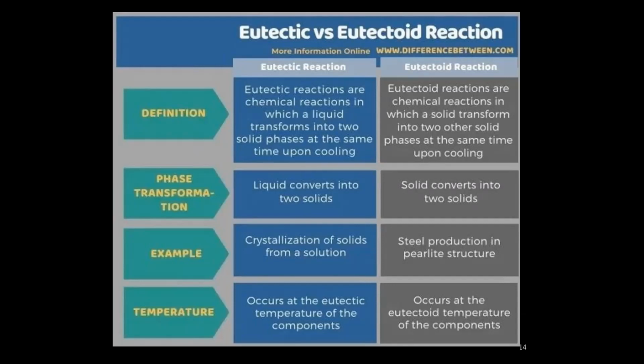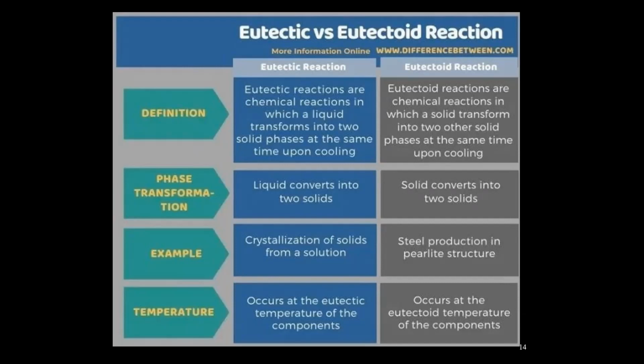Whereas the eutectoid reaction is also a chemical reaction in which a solid transforms into two other solid phases. In the eutectic reaction, liquid transforms into two solid phases.